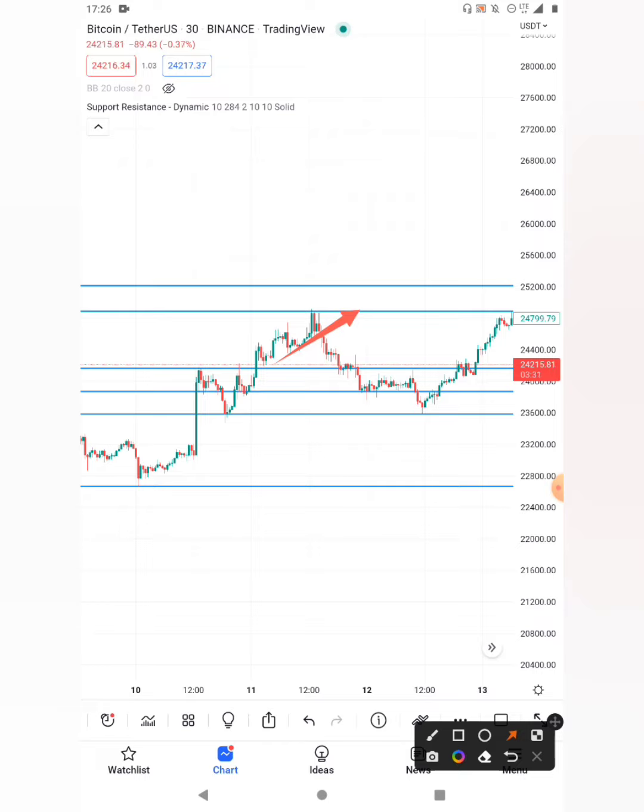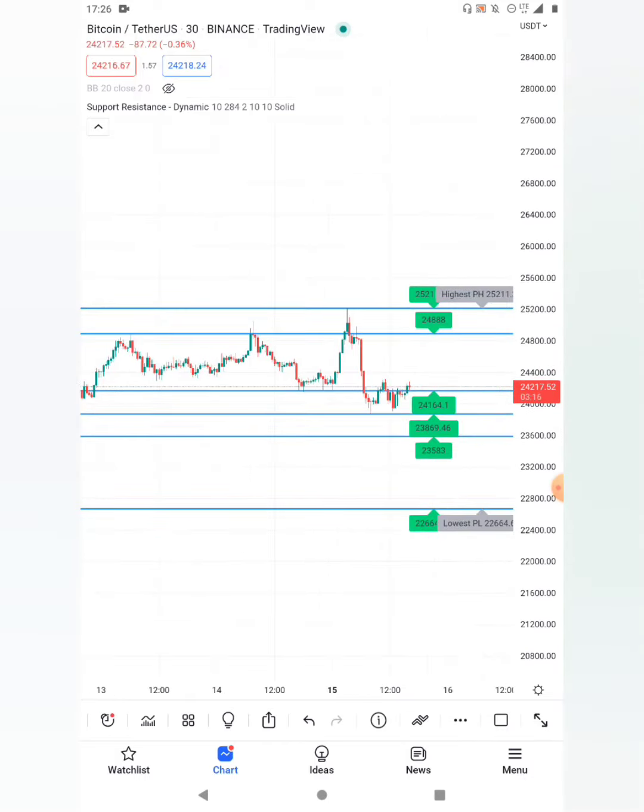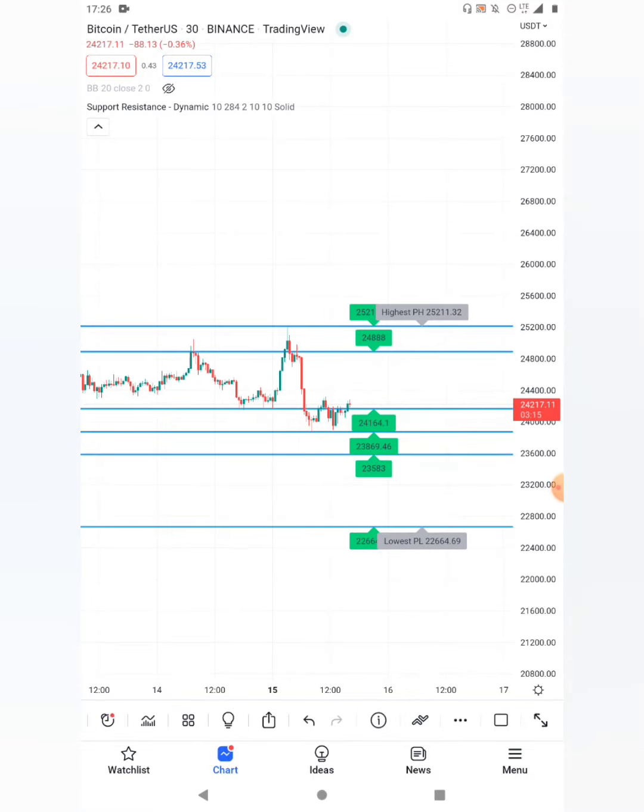Okay, but a false breakout, you usually don't see high bullish pressure. What you see is a rejection of a breakout, like this one right here. You can see something like this.